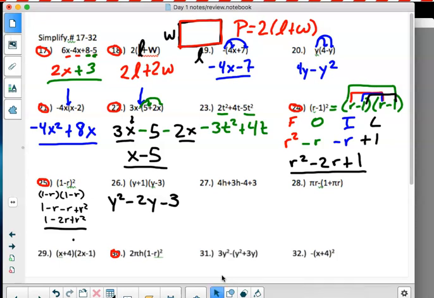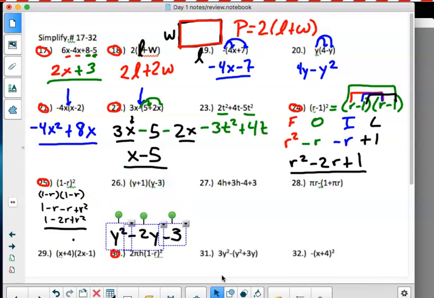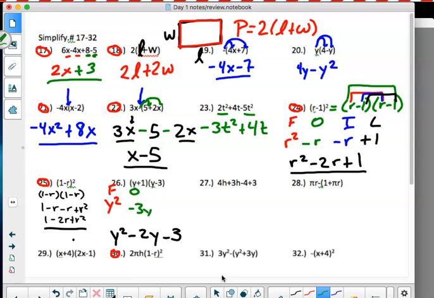Now, if you're a little lost on where I got all that, I'm more than happy to show you what I did and how I came about it. So I had my first. My first was y squared. My outsides here was -3y. My insides was just y.